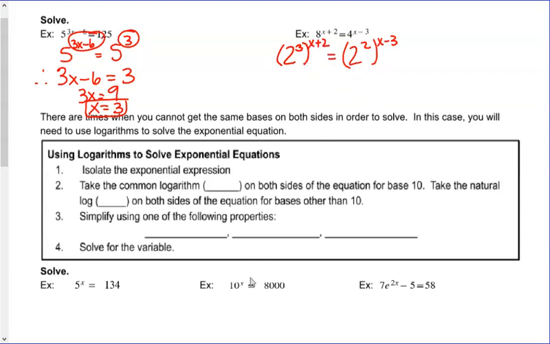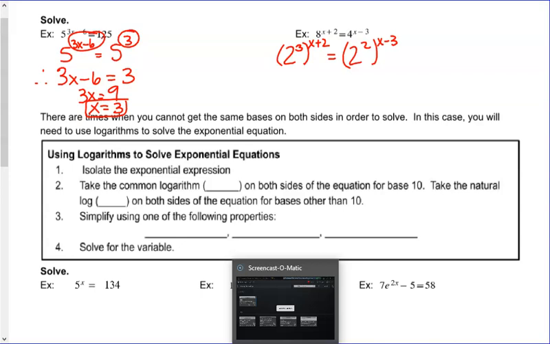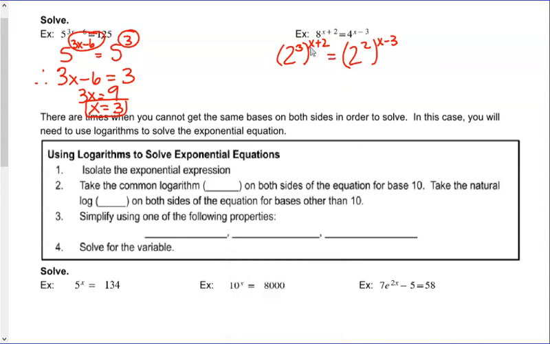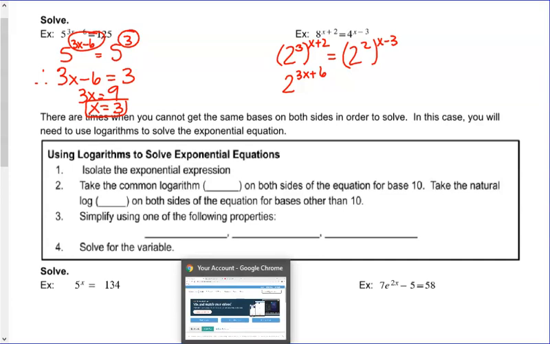And so now what I need to do is do my law of exponents in order to get our base to 1 power, because now we have a base to 2 powers. Well, by our law of exponents, this is the property where I have to multiply both of those together. Well, if I have a 3, then I remember I have to multiply by both of those. So the left side becomes 2 to the 3x plus 6.